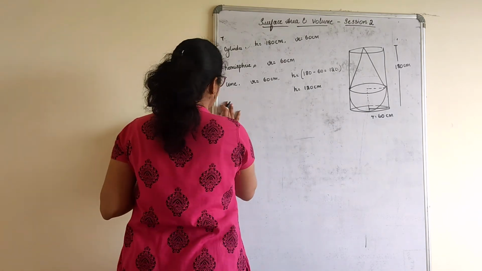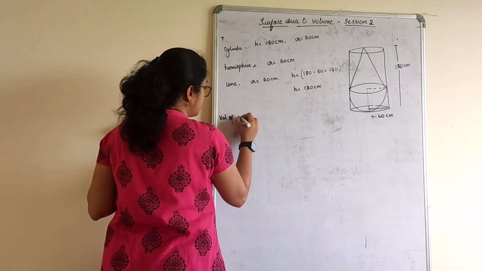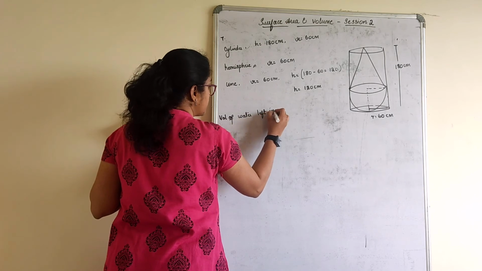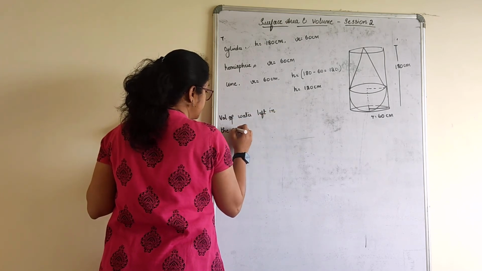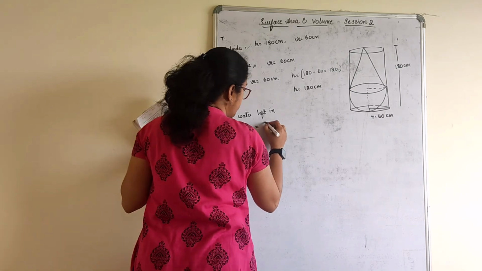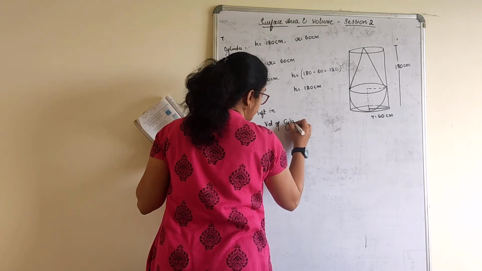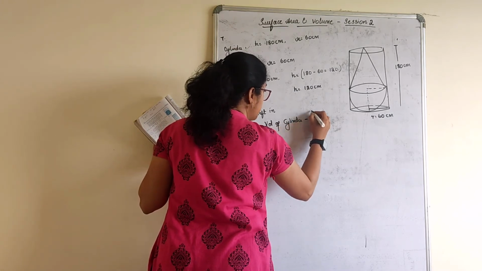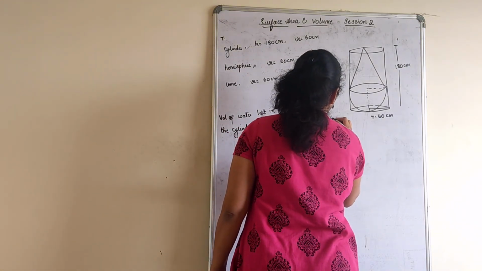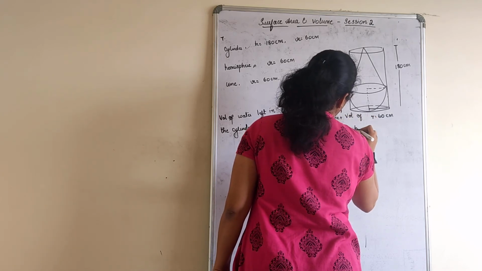Let's find volume of the water left in the cylinder is equal to volume of cylinder minus volume of cone plus volume of hemisphere.